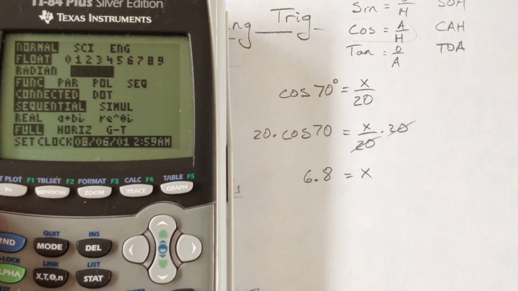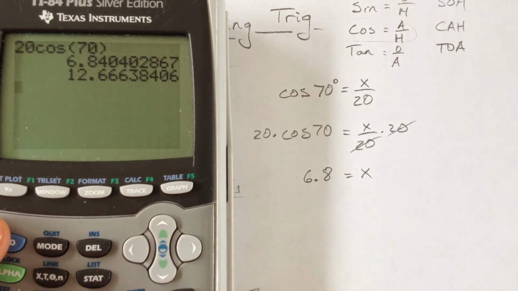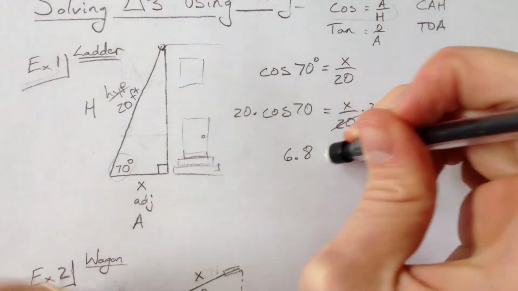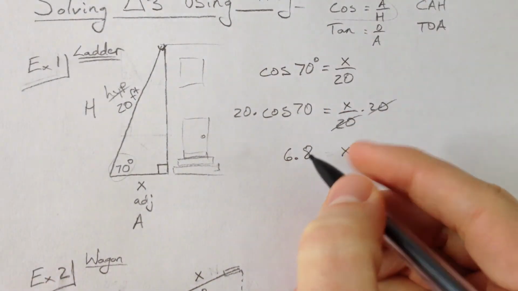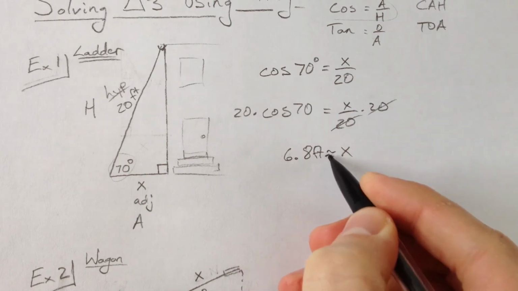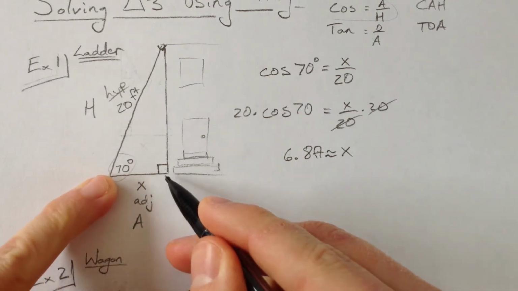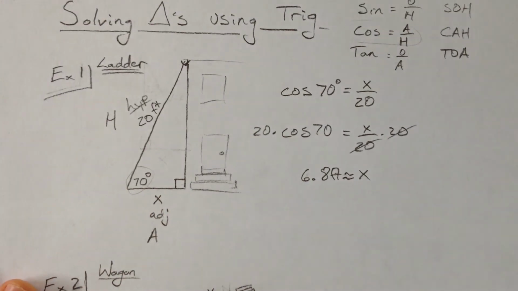Make sure that degree is highlighted, so you go down and hit enter to make sure it's highlighted. Then you can quit out of that and get the 6.8. So that's about 6.8 feet. If you wanted to play it safe, I would probably round up to 7 to make sure that you're far enough away from the house to make the ladder safe to use.